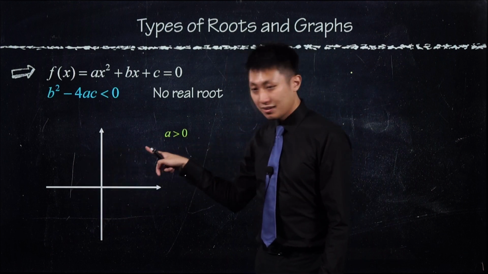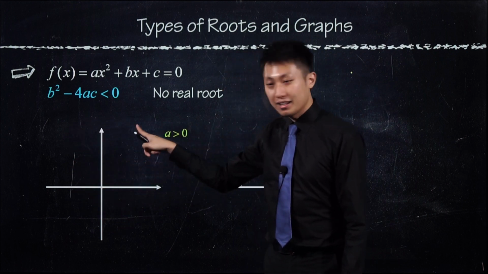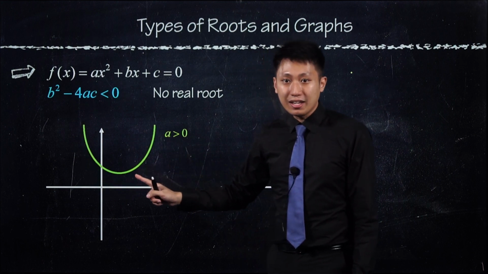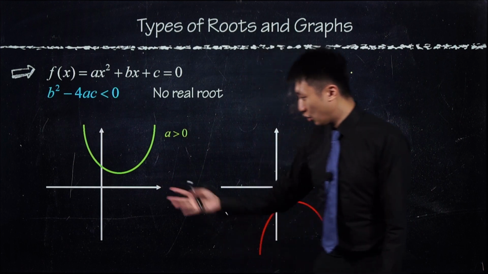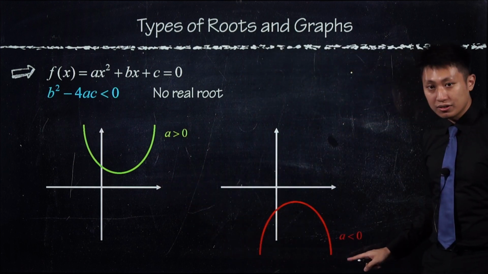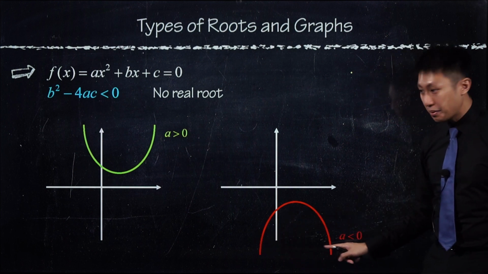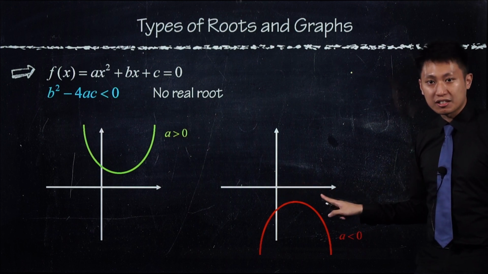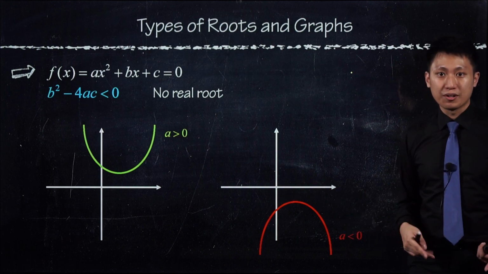Can it be here? No. Can it be here? No. It can only be up there. And no intersection point. So for this case, this is a less than 0. It will be down there because it cannot go across. If it goes across, then there are two intersection points or at least one intersection point.